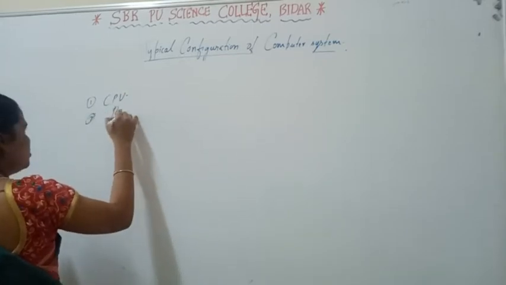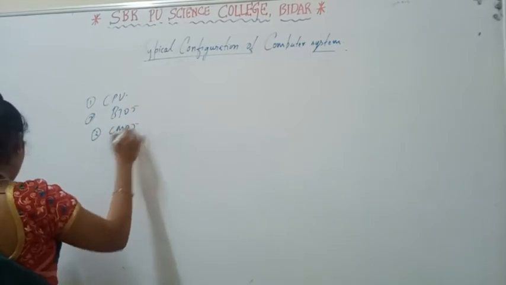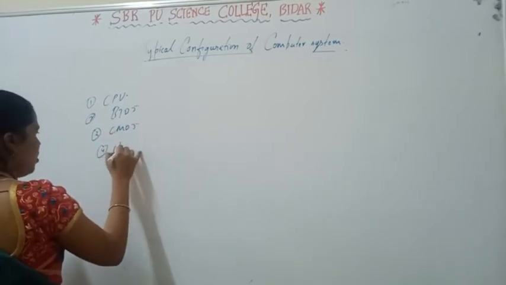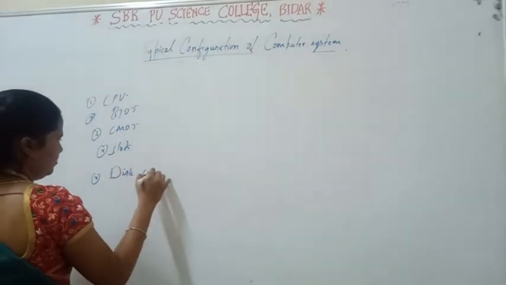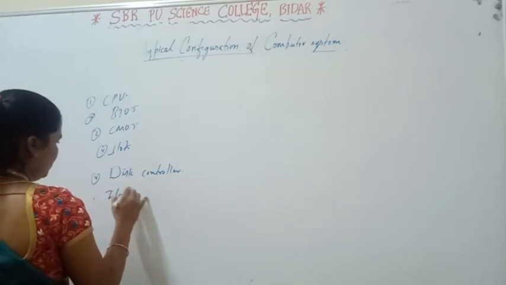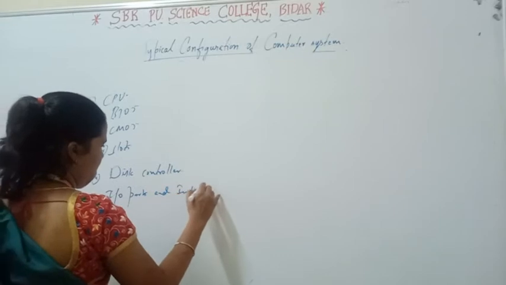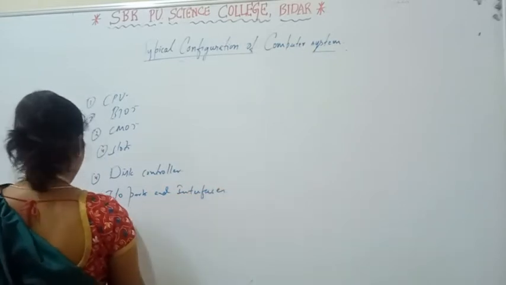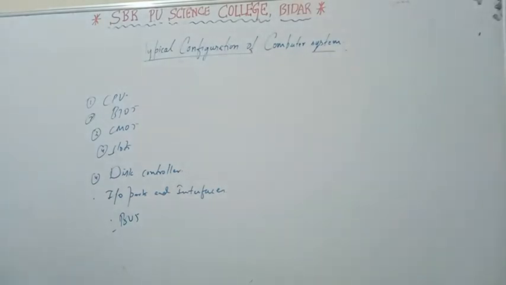Second is BIOS, CMOS, slots, disk controller, input output, and interfaces. So these are the basic components of the motherboard.